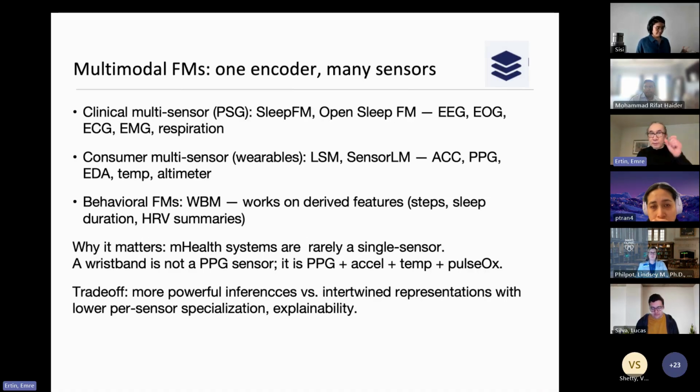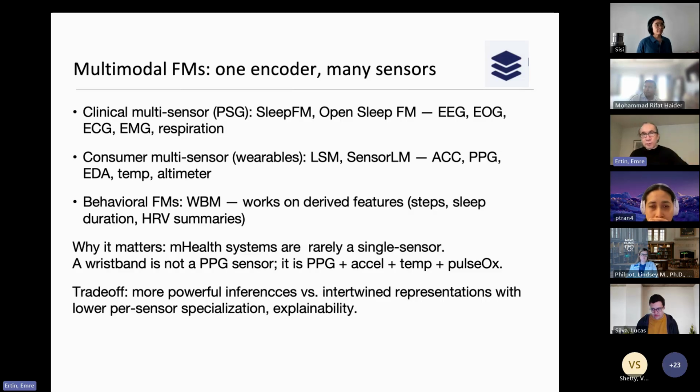So we now have multimodal FMs emerging. This is where the field is going, training with multiple channels. Some of these are for sleep science, which has always used multiple streams in a clinical setting: EEG, ECG, EMG, respiration, to get sleep staging and some disease recognition.